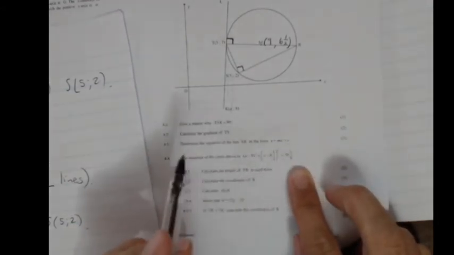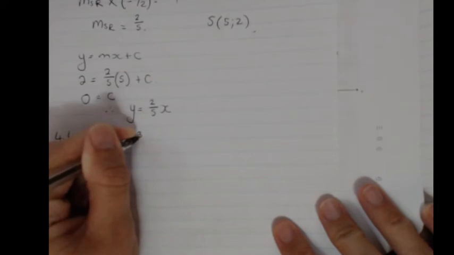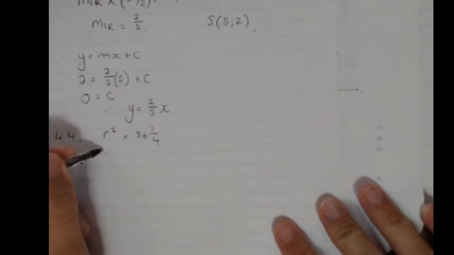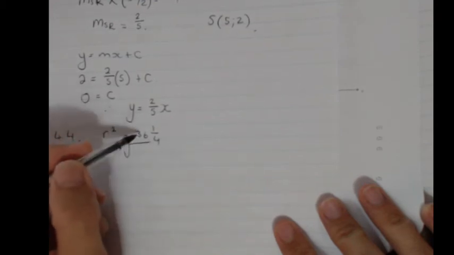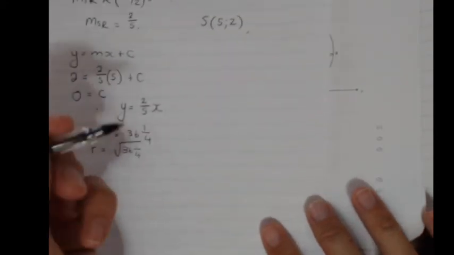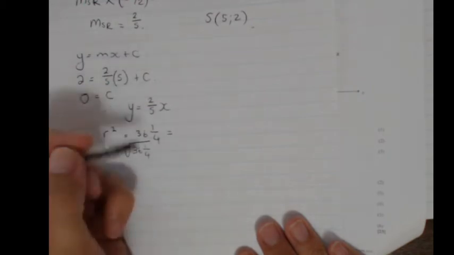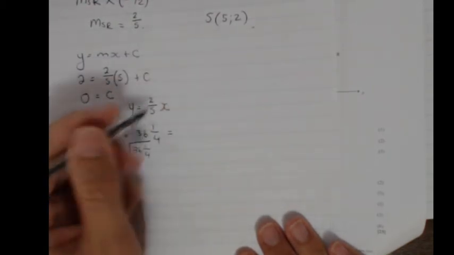The length of the radius, the length of TR, you see TR is the diameter, so the radius squared is 36.25, meaning the radius is going to be the root of 36.25, which I would actually like to write in improper fraction form. 36 times 4 is 144, plus the 1 is 145 over 4.